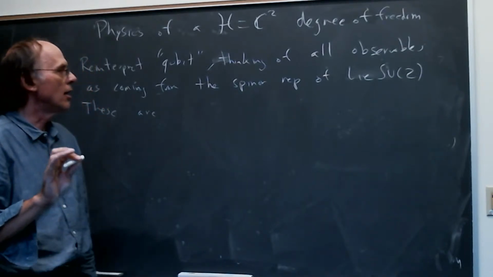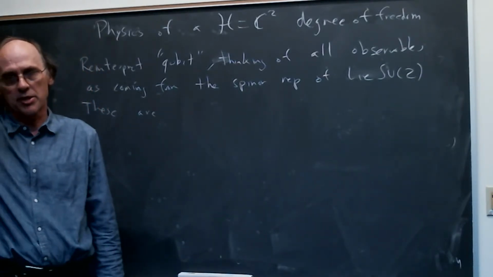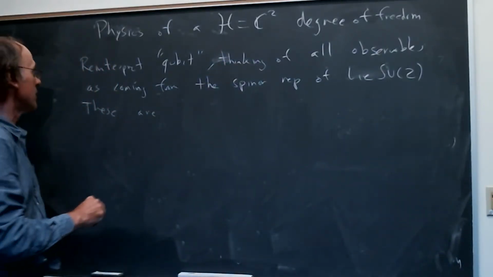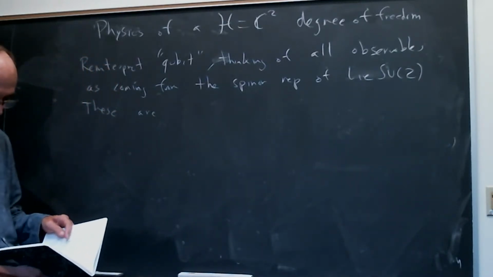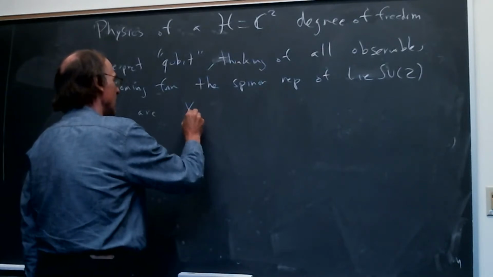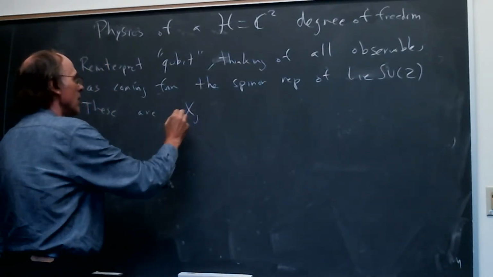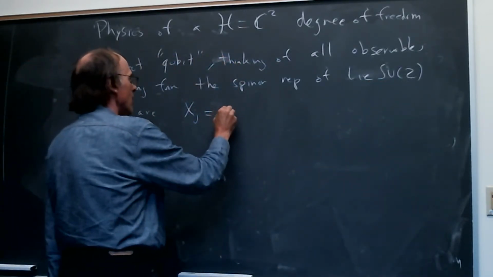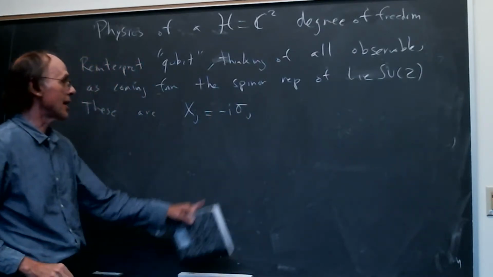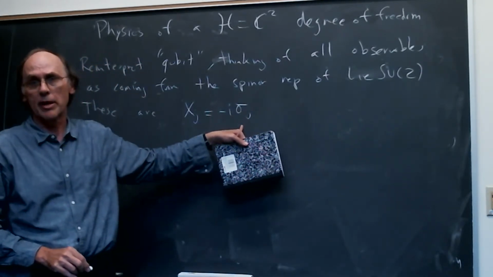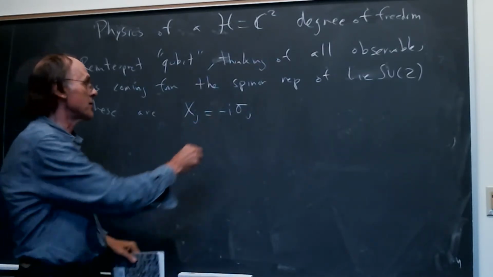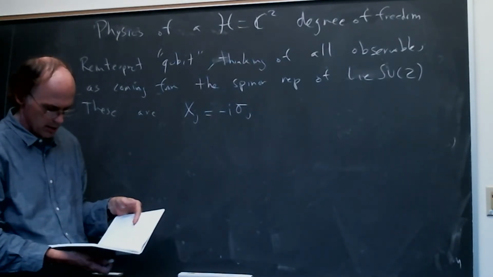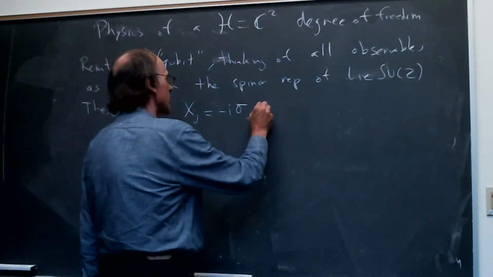I'm going to ignore the identity operator, which corresponds to a U1 action on C2, a separate issue. Let's take a basis X_j of the Lie algebra of SU2, given by minus i sigma_j over 2. You just take the Pauli matrices and multiply by minus i, and this gives you something skew-adjoint.